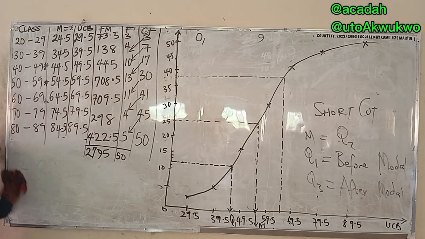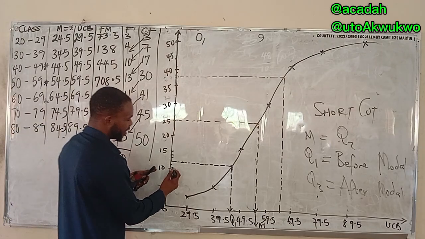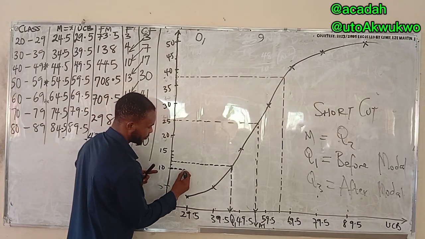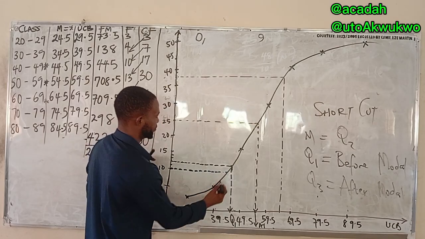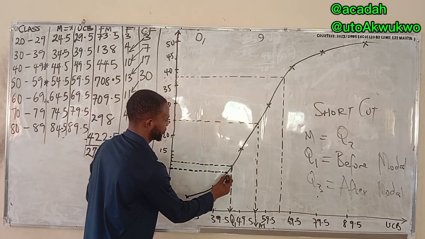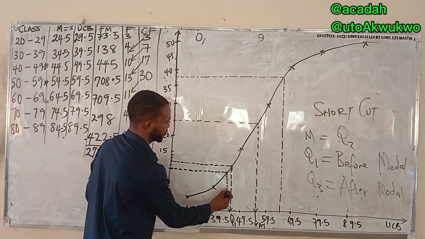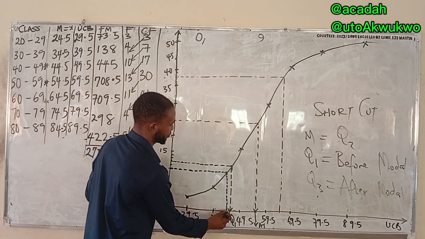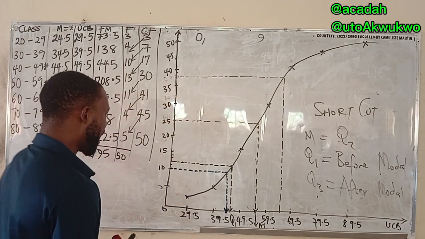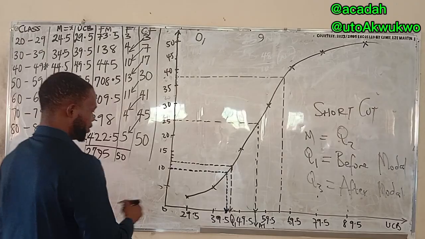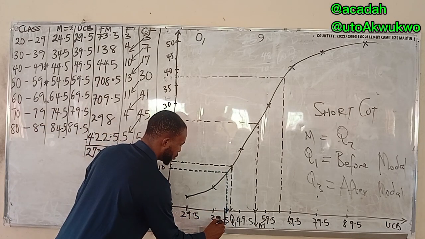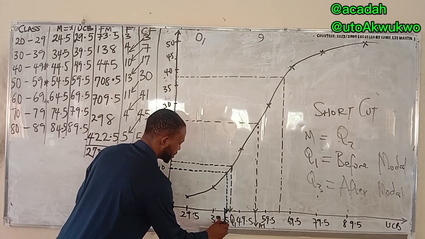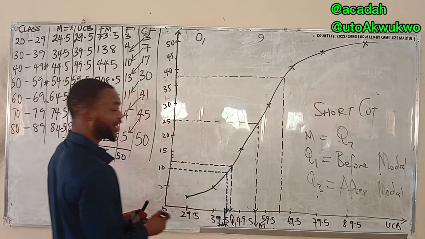So if this is 10, this one is giving us 10. All I need to do is to now say, since it gave me 10, I will come here. By the time you check your value, the value you have here is going to be the second decile, or you say D2.